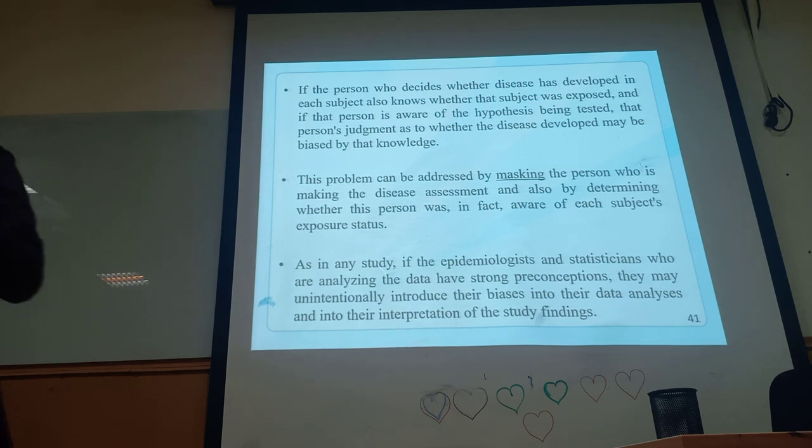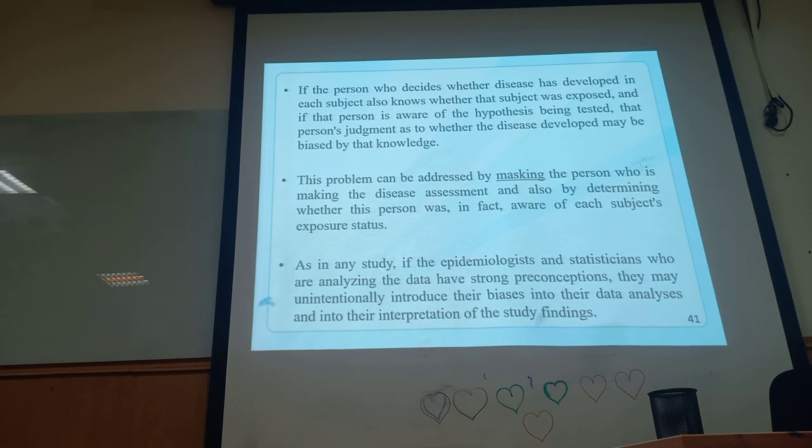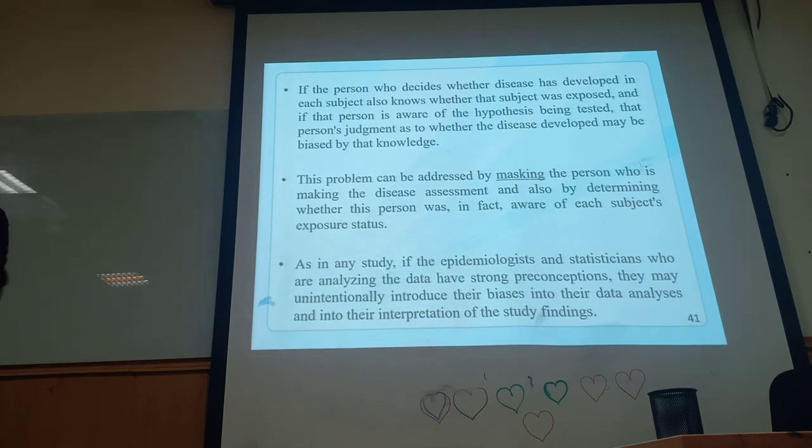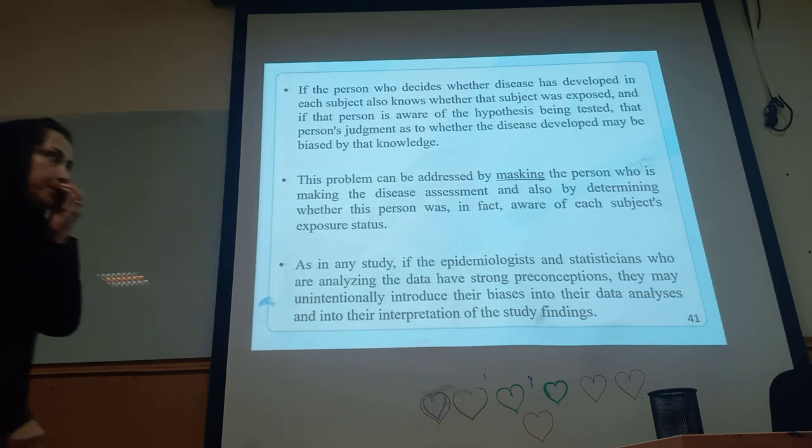So if, for example, a city is exposed by atomic bomb, we can design a cohort study and follow the population of that city and compare those populations with another city that is not exposed. So, for rare exposure, cohort study is very good. Okay?